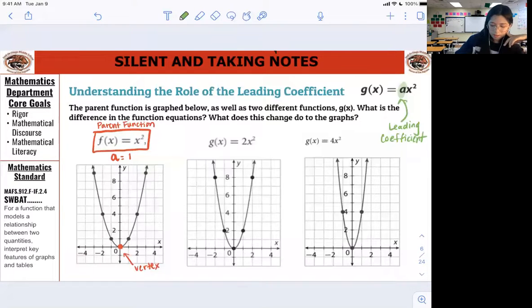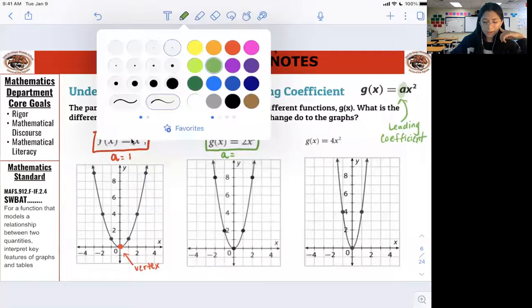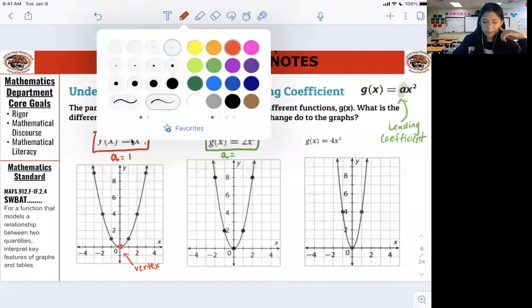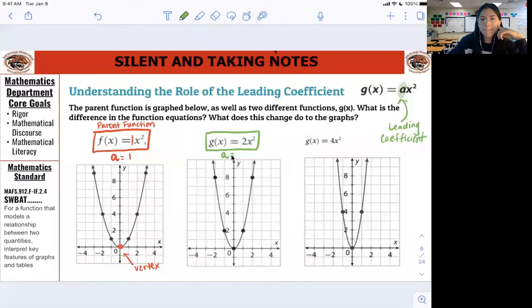First of all, what is A in this one? What is the leading coefficient?